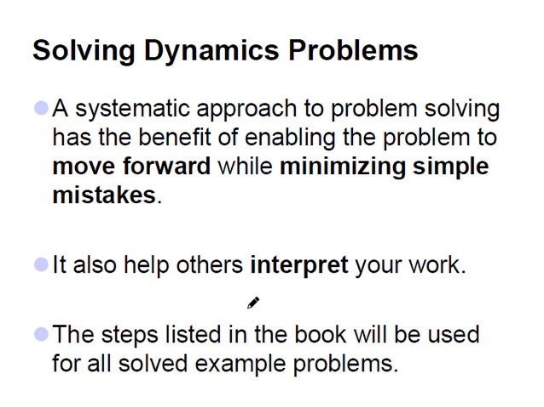In other words, it's going to help others interpret your work in a shorter time. Steps, that's another one in a systematic approach. We take steps, I already explained that to you. So you're going to follow the steps. Of course, we have already organized the knowledge or the method in reference material or books on how to do it.